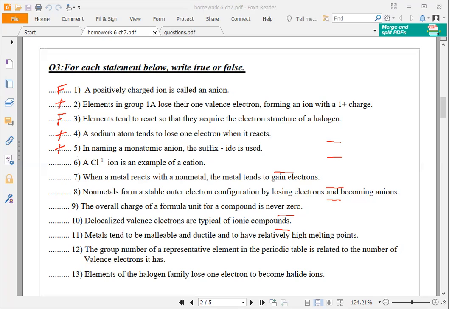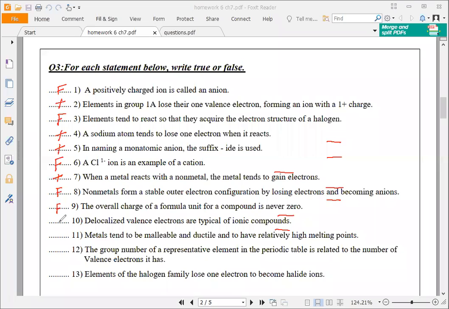That's false. When a metal reacts with a non-metal, the metal tends to gain electrons. That's true. Non-metals form a stable outer electron configuration by losing electrons and becoming anions. That's false. The overall charge of a formula unit for a compound is never 0. False.